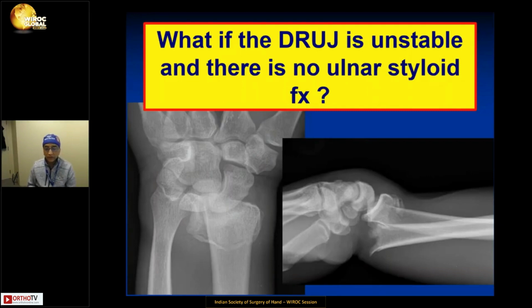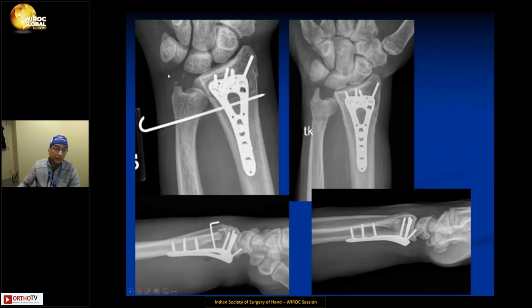So here's a physician who fell on the ice, and you can see that the radius is completely translated. And we fixed his radius. You can see there's no ulnar styloid fracture. Now, should you open it and repair the TFCC? Okay, that's one option. Or in this patient, who has a very dysmorphic DRUJ and a type 3 DRUJ as described by Amit Dolat, I chose to do something a little simpler.